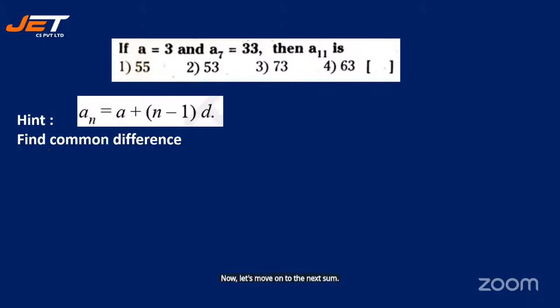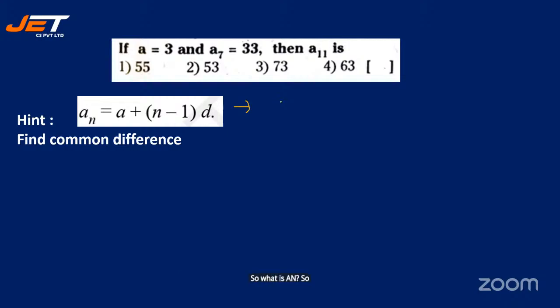Right. Here we have A is equal to 3. A7 is 33. A11 is dash. Yes. So of course we have to use only this. You have to find the common difference, isn't it? Okay, done. So what is AN?